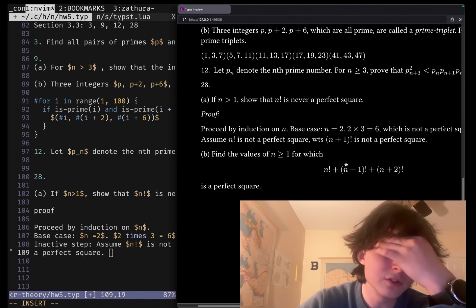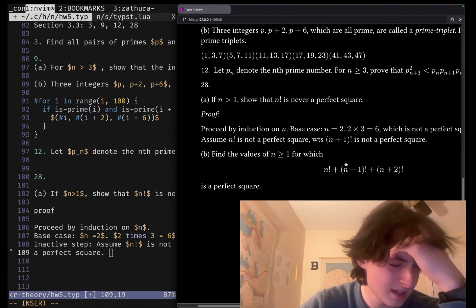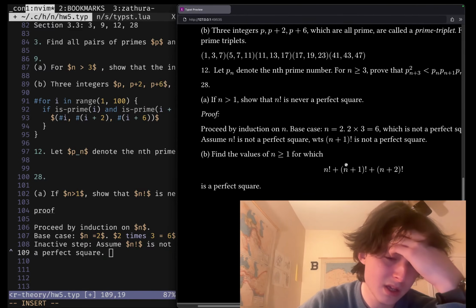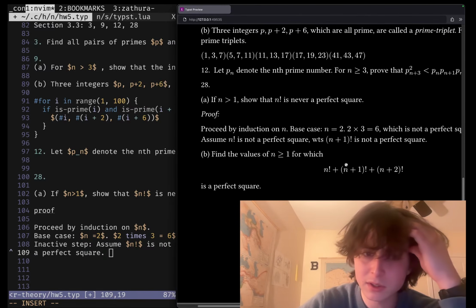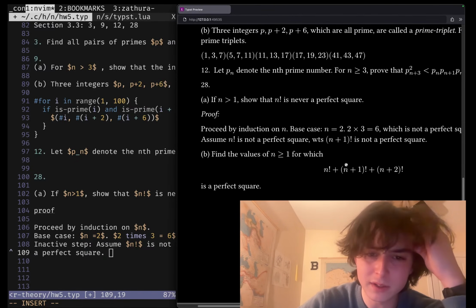And then we have two things multiplied together. One that's not a perfect square, and one that's, well, yeah, I'm not entirely sure on that, actually. I can't immediately think of something obvious.